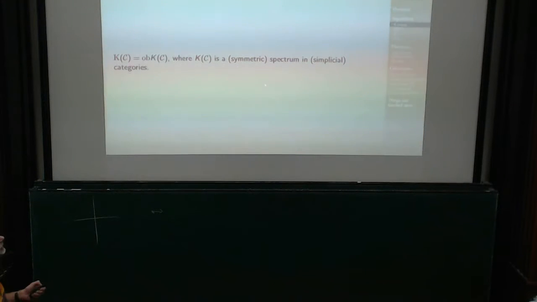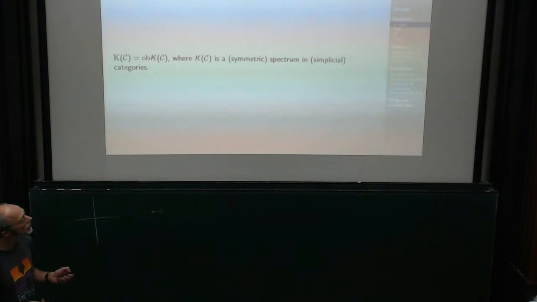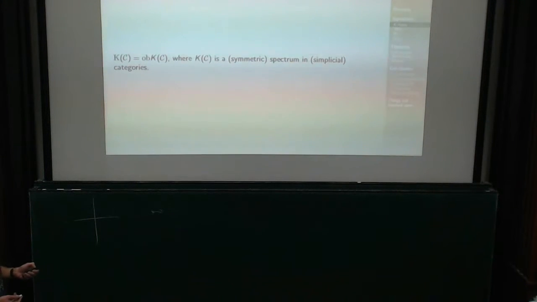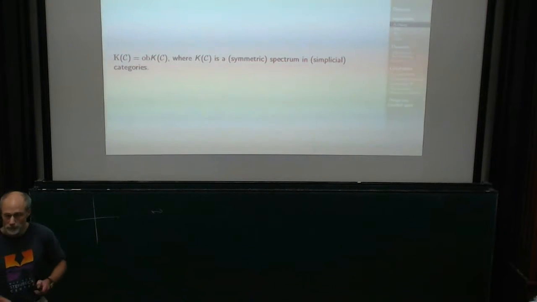Well, this is a functor from the same category that governs the behavior of symmetric spectra, except that it doesn't land in spaces, it lands in simplicial categories. So I want to insist on that. Just remember, this K-theory here is the usual K-theory. It's a spectrum, and this thing here is a spectrum in categories. Or sorry, before I take the objects, this thing here is a spectrum in categories. So I'll try to remind you of that when we get that far.